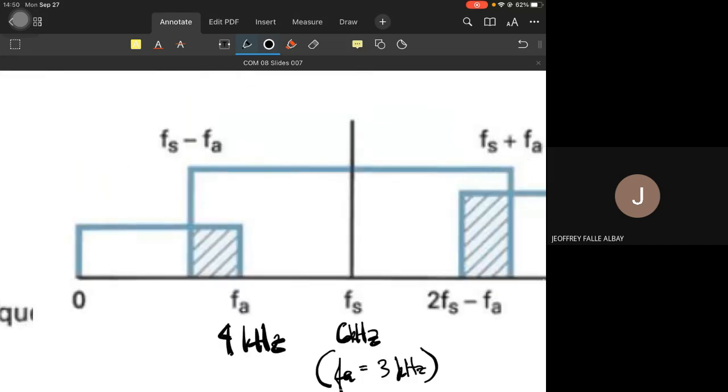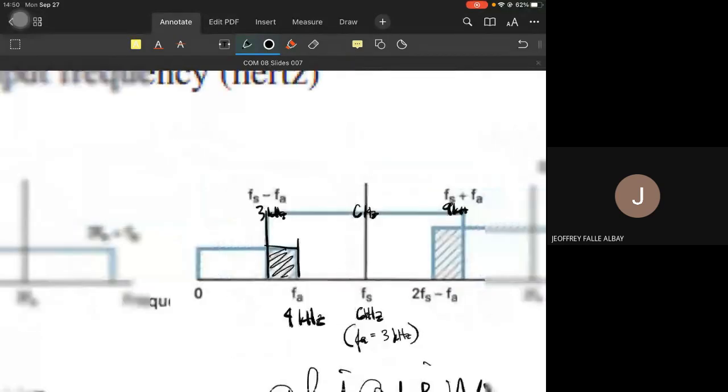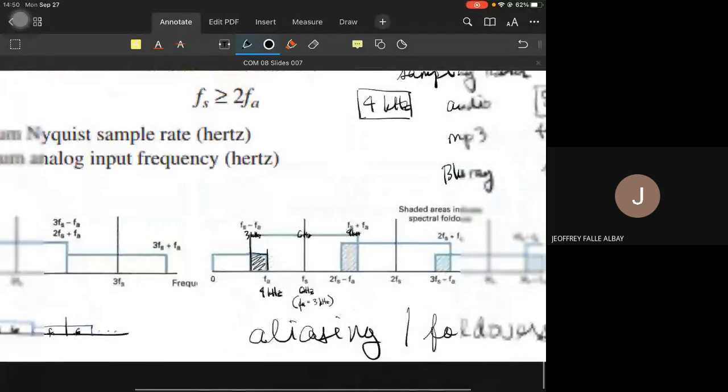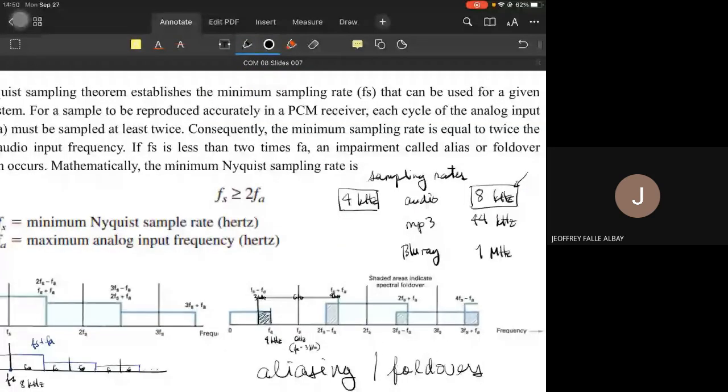So 6K here. The upper limit frequency is 3K, and the upper limit is 9K here. But because the lower limit is 3K and our input signal is 4K, they overlap. And we don't want that to happen. That is what we call aliasing, or the foldovers, or the aliases.